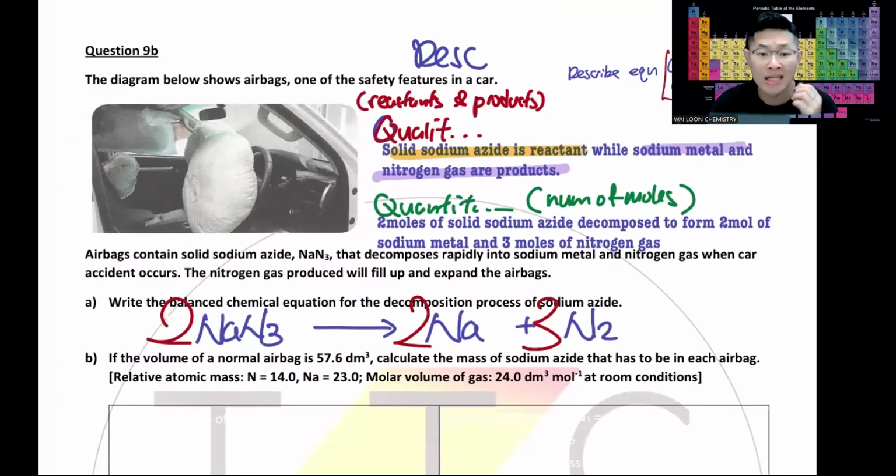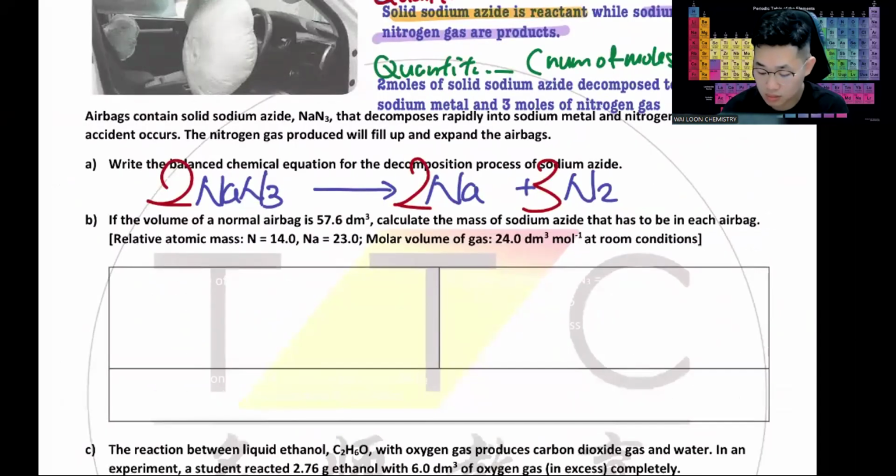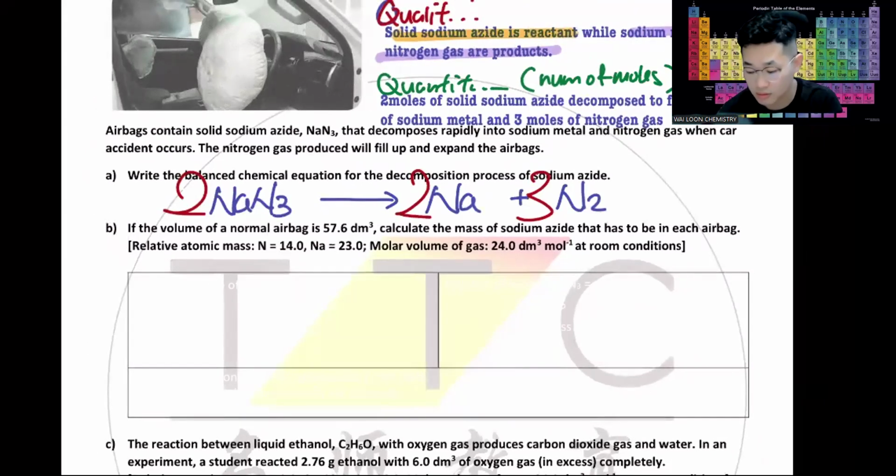So this is qualitative and quantitative. Okay, very important for your first term exam.